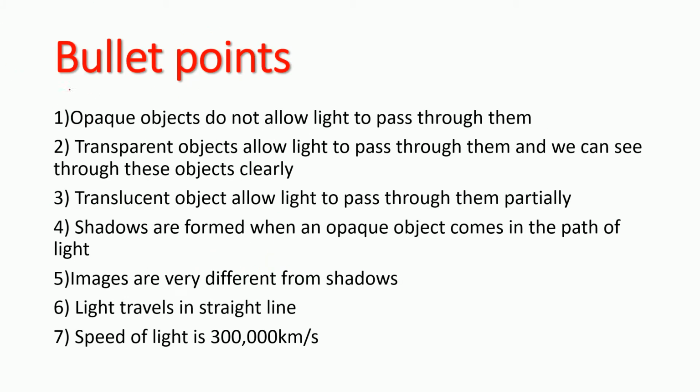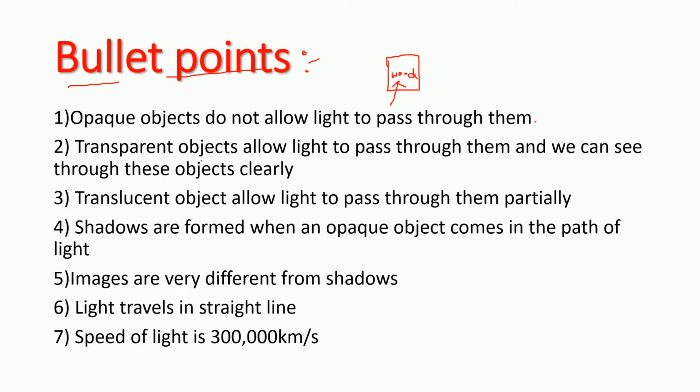Now some important bullet points we need to remember. Opaque objects do not allow light to pass through them. For example, wood won't allow light to pass to the other end.